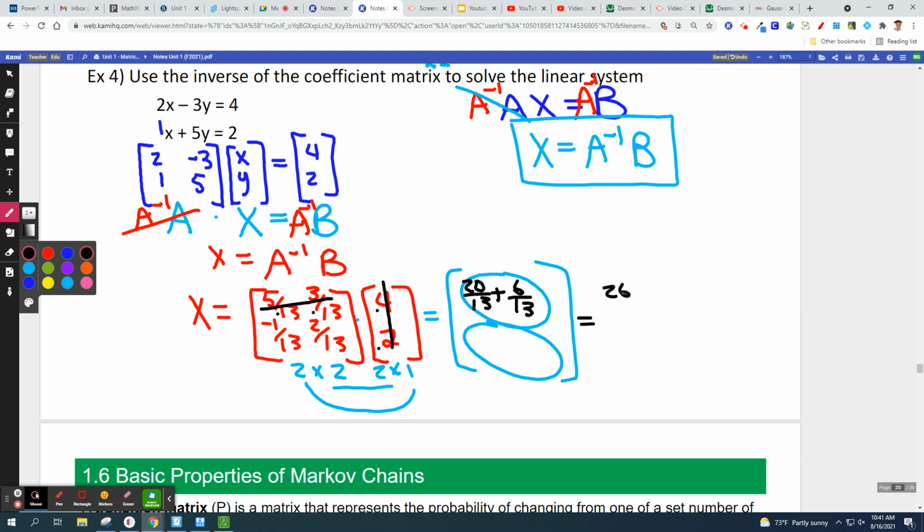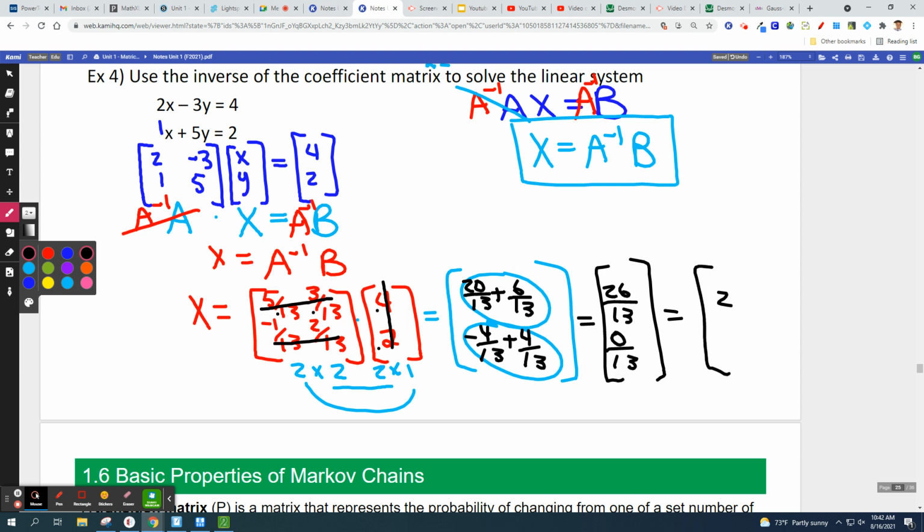That gives me 26/13, which is 2. Now I do the same thing for the bottom row times the column. Negative 1/13 times 4 is negative 4/13. And 2/13 times 2 is 4/13. That's going to be 0/13, which is 0.